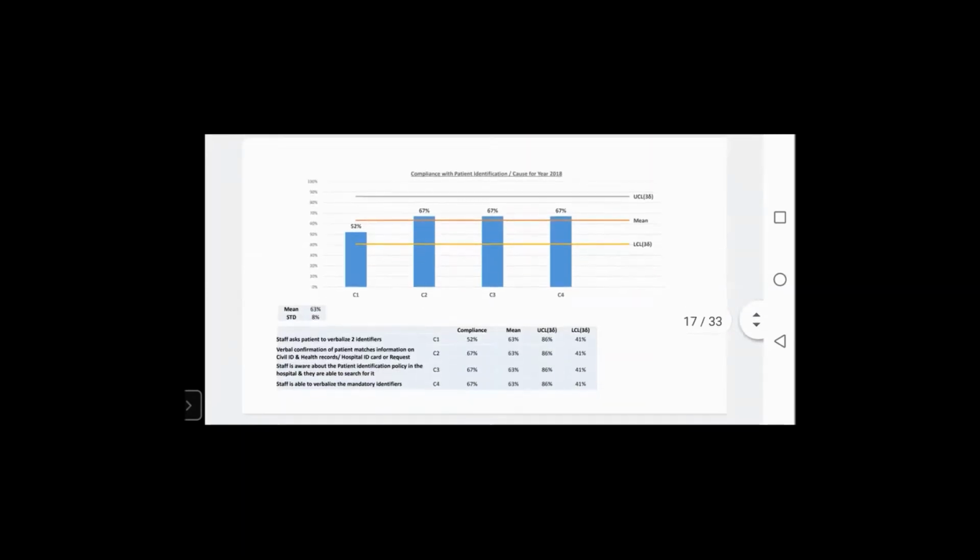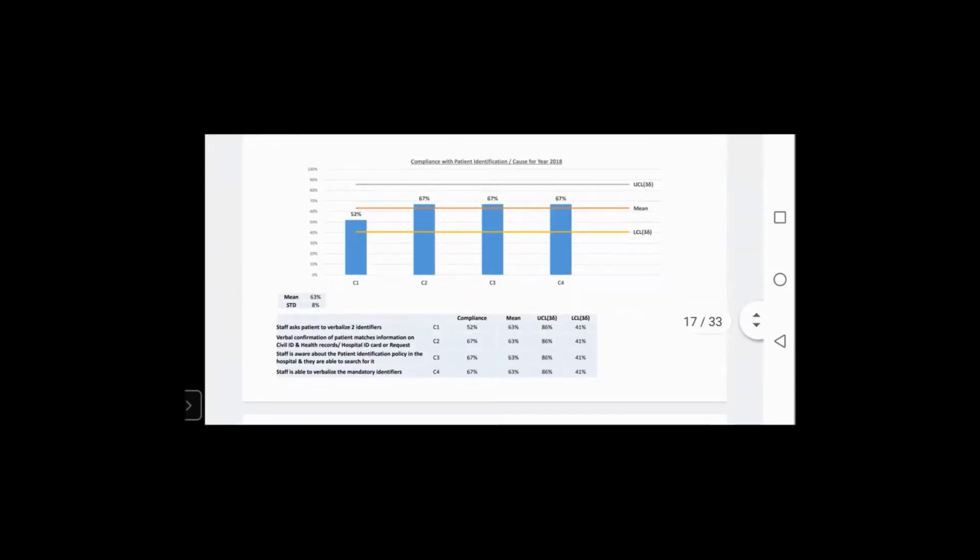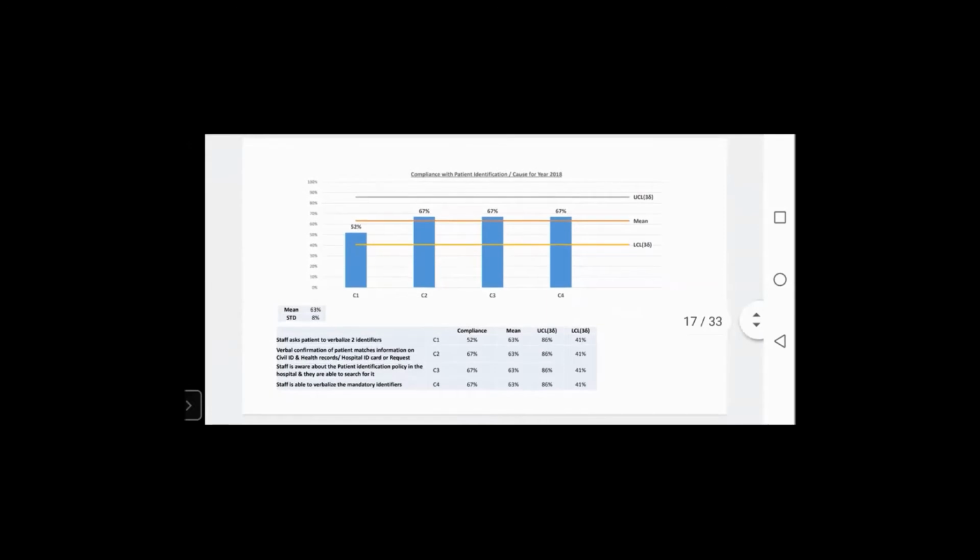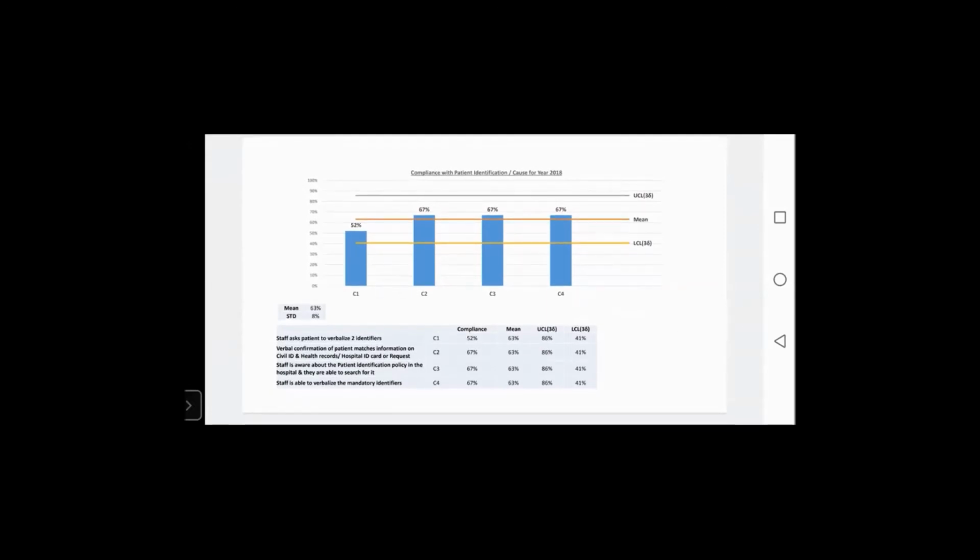Okay, next, here we have the control chart. Doctor, I also discussed this with Dr. Safa. We have a simple problem about the control chart: a control chart has no bars.